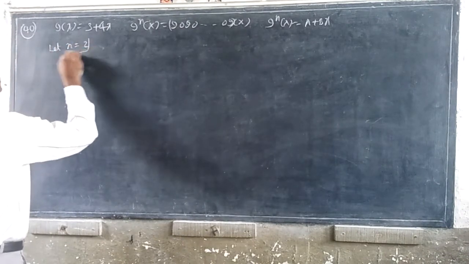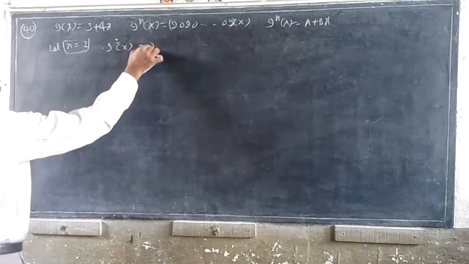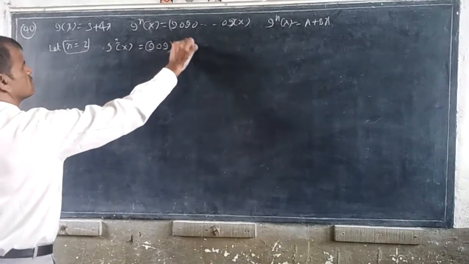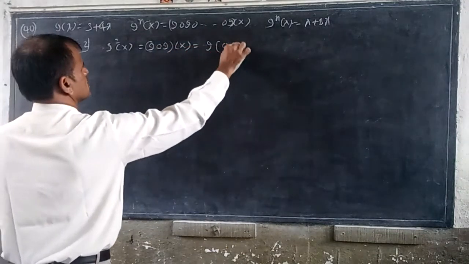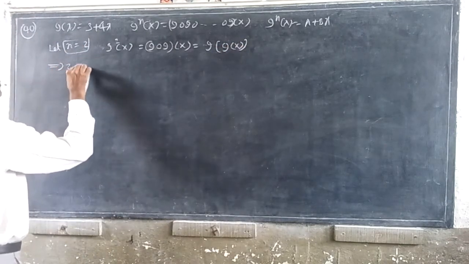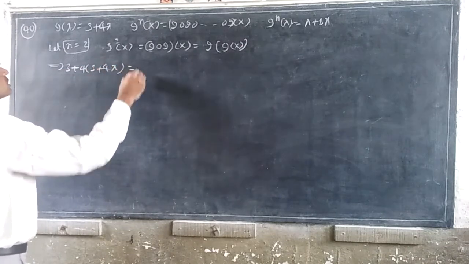Let us verify with n equal to 2. So g square x means simply g circle g of x; only two g's are enough. G of g of x means 3 plus 4 into, instead of x you should substitute 3 plus 4x.